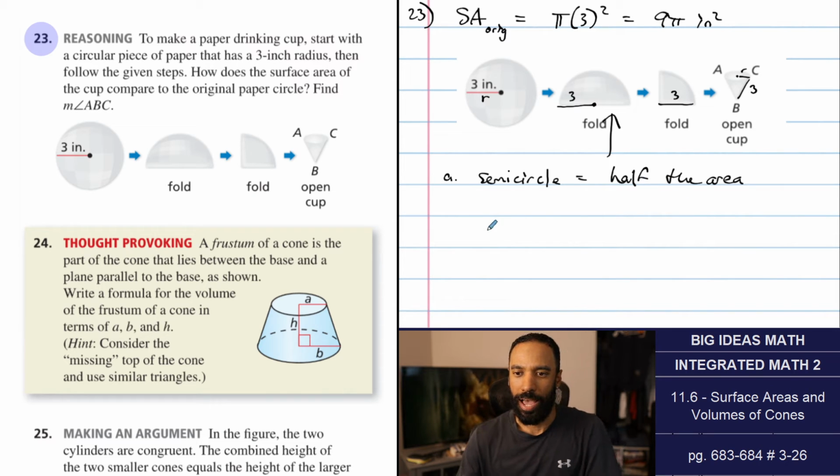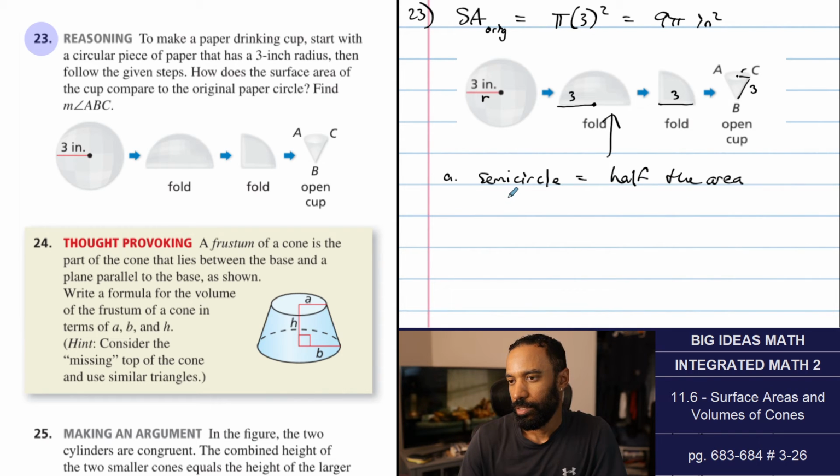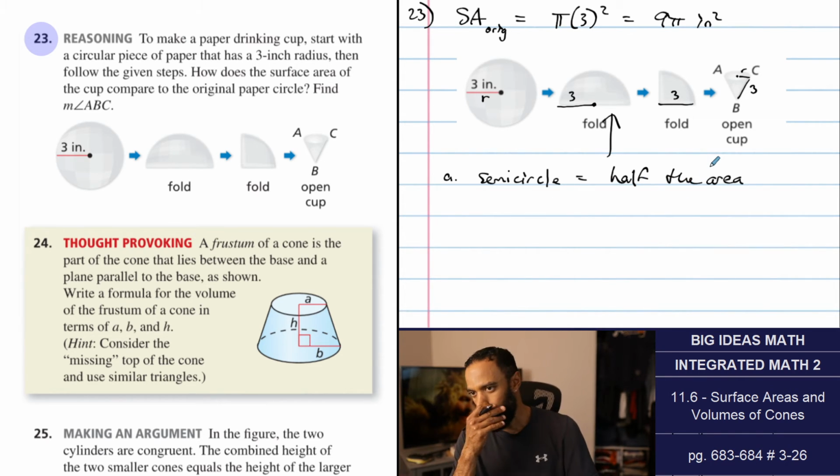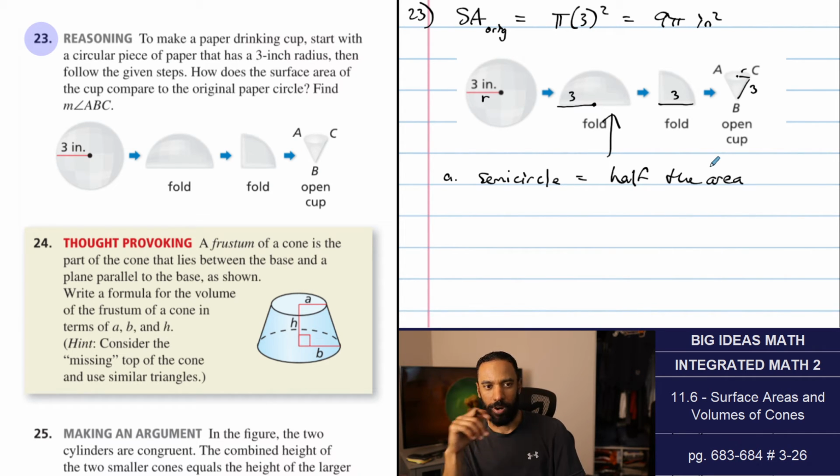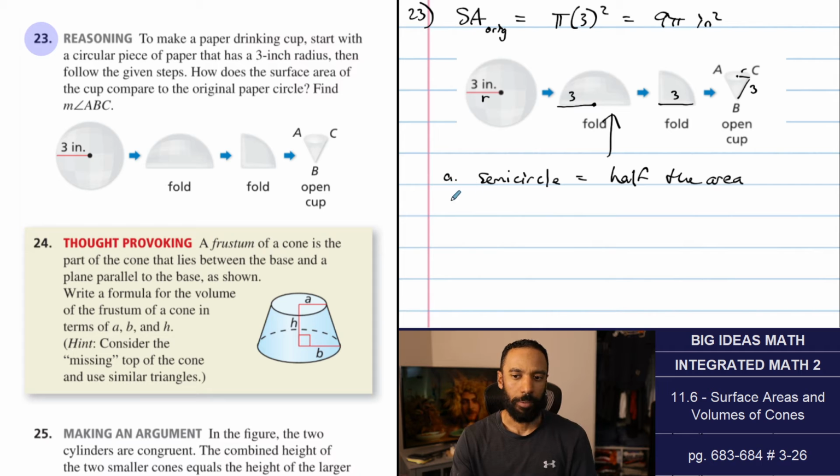So if the radii, this is tricky. This is tricky to talk about. So that's part A.